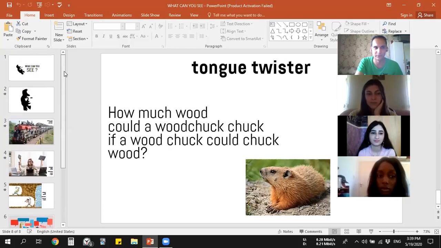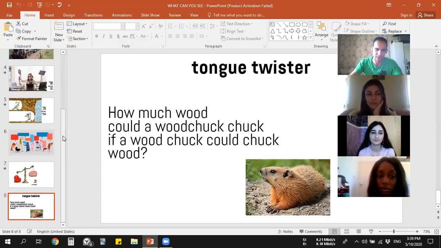But for the end, when they are so tired of discussing photos, the visual attack on their brain, and then a tongue twister, they'd be like, are you kidding me? So I didn't have this part, fortunately.